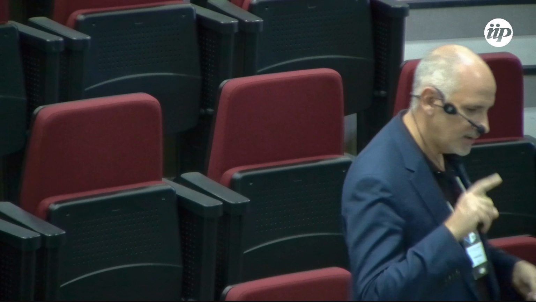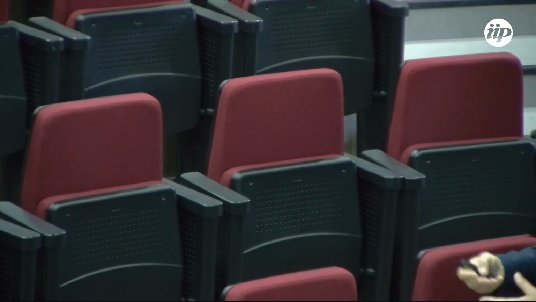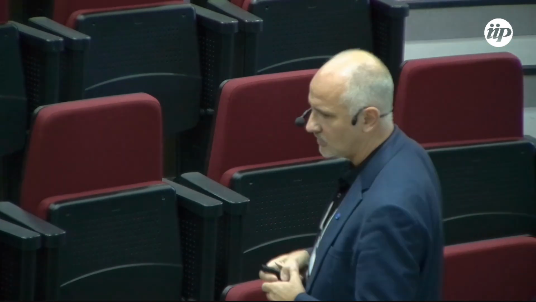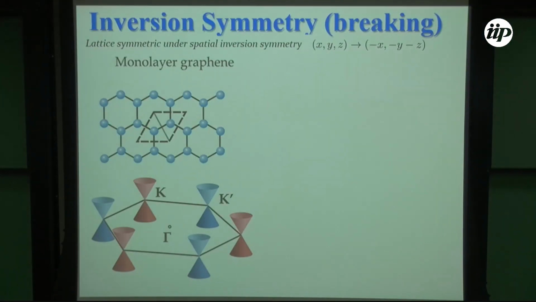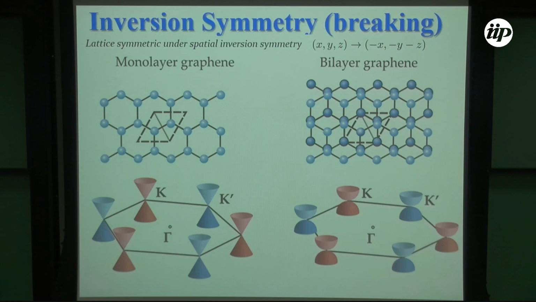So these 3 degrees of freedom are completely described by the same mathematics, and they can add a contribution to the wave functions, and they can be detected or modified by the geometry of the system, for instance. Graphene has this inversion symmetry, which keeps the degeneracy between these 2 valleys, but we can play with that.